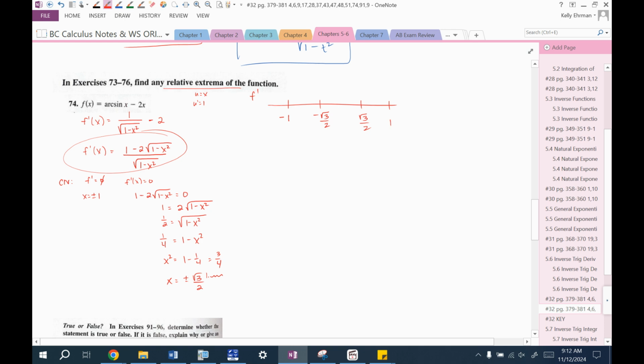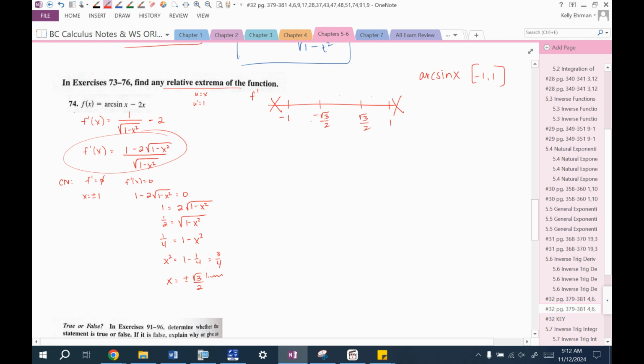And remember, arc sine's domain is anything between negative 1 and 1. So we don't need anything on the outside of negative 1 or 1, but we do need to test these 3 intervals. So arc sine of x, the trig values that you can get are negative 1 to 1.